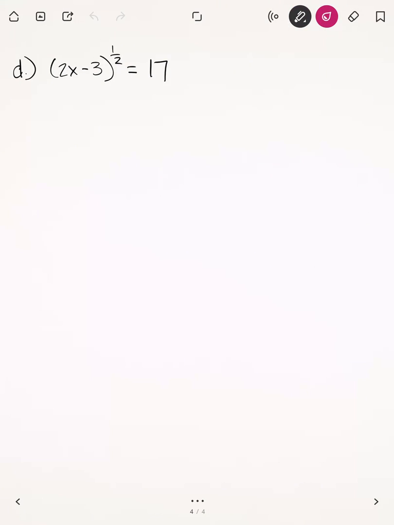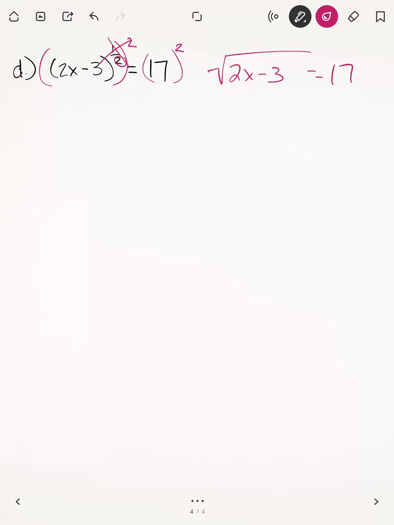Looking at our last example. Again, if you don't like rational exponents, switch it to radical form. Radical form will look like the square root of 2x minus 3, and it equals 17. Either way, it doesn't matter. But I'm going to solve it with the rational exponent, so I'm going to raise it to a power of 2, again because my denominator is 2 in that rational exponent, and what I do to one side, I have to do to the other.